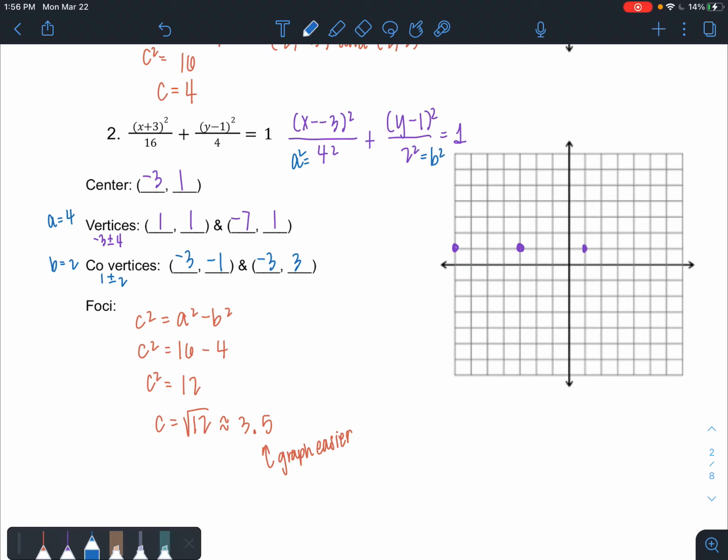Okay, for the covertices, I'm going up 2 and down 2, since b is 2. My foci are 3.5 away and 3.5 away. So when I draw, there is my graph of that function.